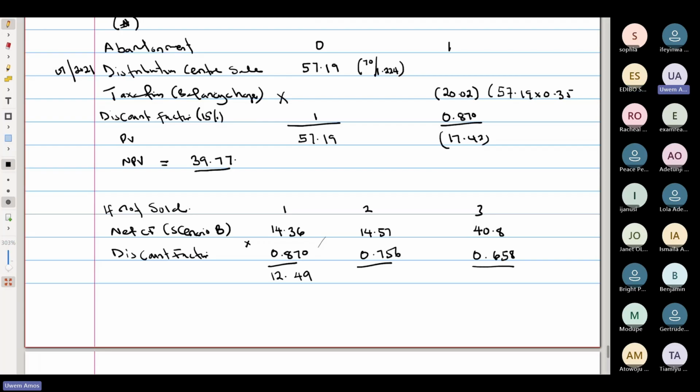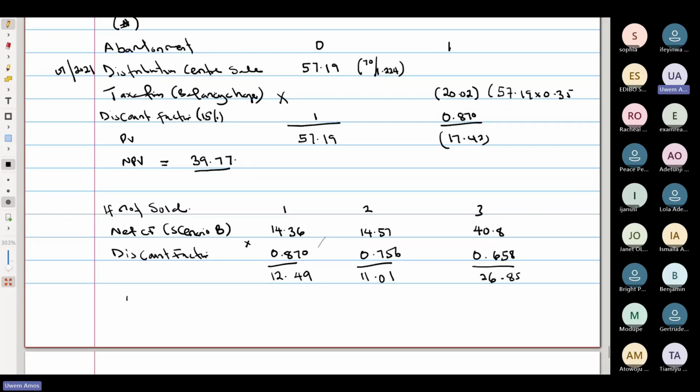I'm using 2 decimal places, so let's be consistent. 14.57 multiplied by 0.756 is 11.01. Then finally 40.8 multiplied by 0.658 is 26.85.